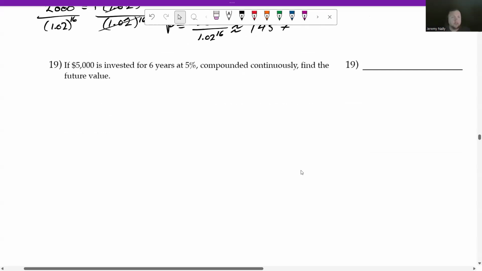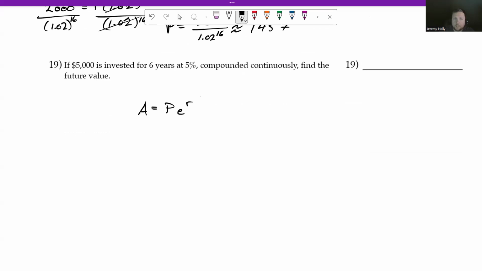Okay. If $5,000 is invested for 6 years at 5% compounded continuously, find the future value. The future value is A. So we're just using this formula, A equals P times e to the rt. And we have P equals 5,000.